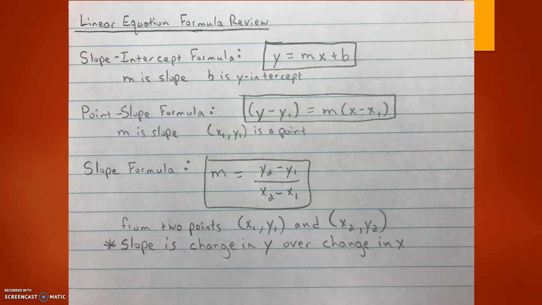What's important is that the x2 and the y2 come from the same point, and following from the subtraction, the x1, y1 come from a separate point. So we need to keep those points and positions lined up. That will give us the rise over run, or change in y over change in x, that you may be familiar with.